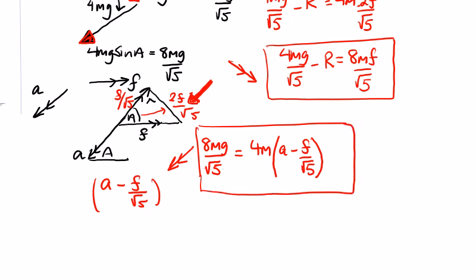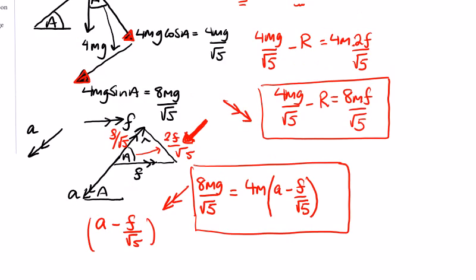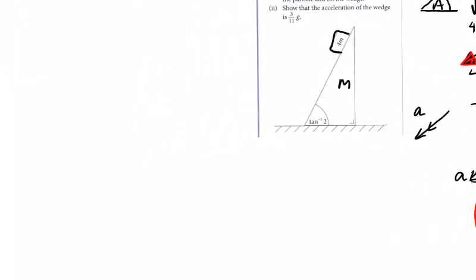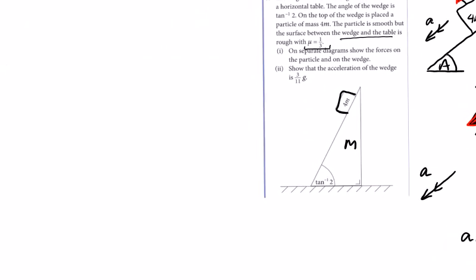So let's see if we can get an equation with the wedge. Okay, so now the wedge, what's going on with the wedge? Let's bring it back into focus here. And let's draw it.